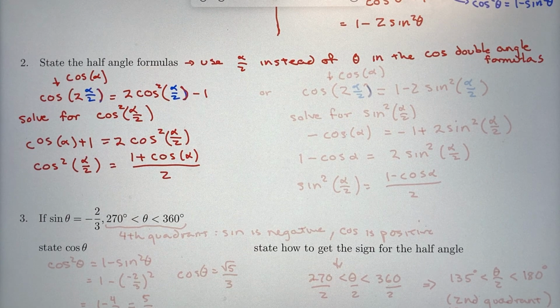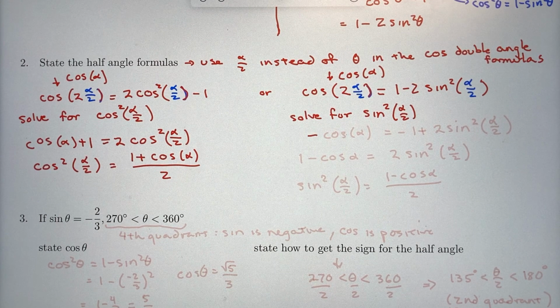Okay, so second formula. And we solve for sine squared. Notice that this is still just cosine of alpha. All right.